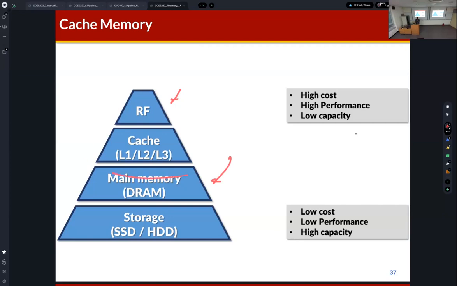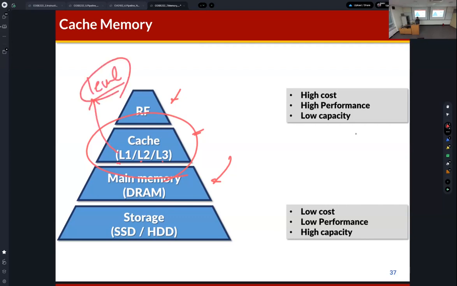The computer processor has cache memories. You can find the cache here between the register file and the main memory. You can find the default cache memories like L1. L means level.